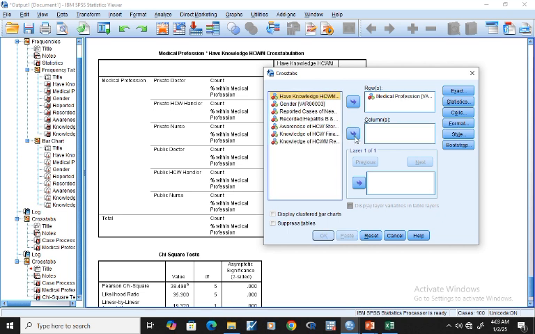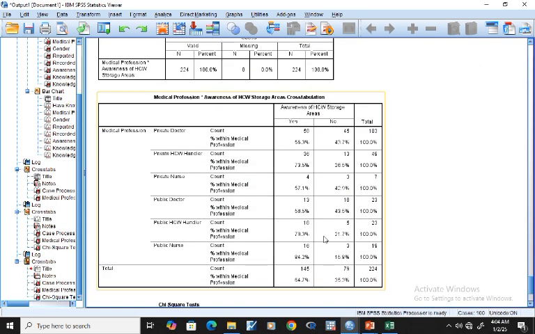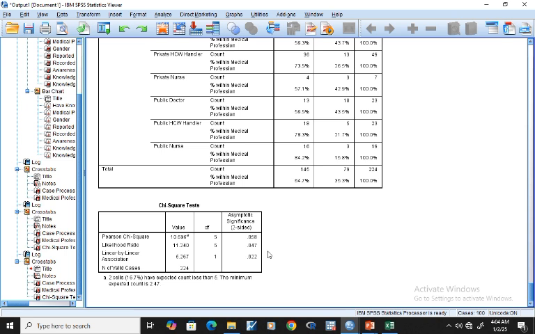You can as well look at how this is based on awareness of waste, awareness of waste storage areas in the facilities, disposable sites. Let's see how it looks like. And in the same way, you could look at this.